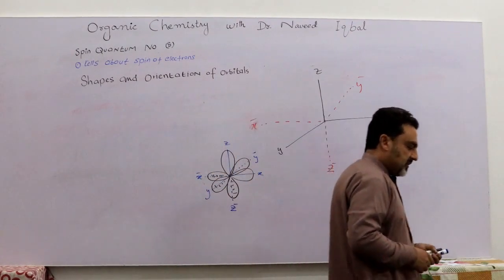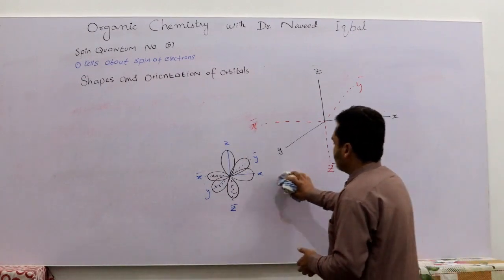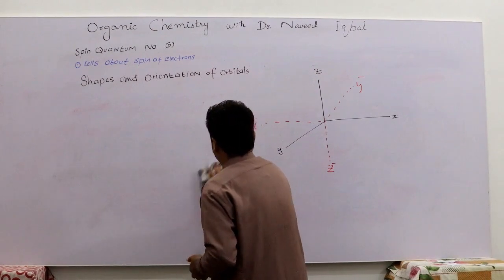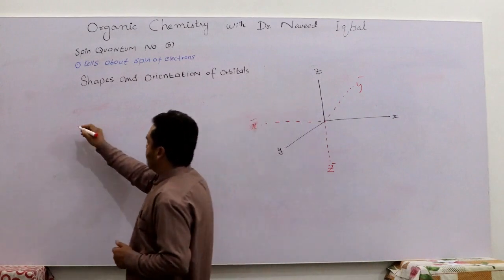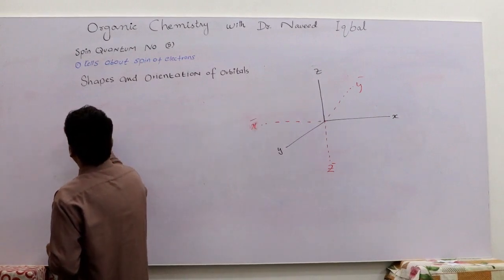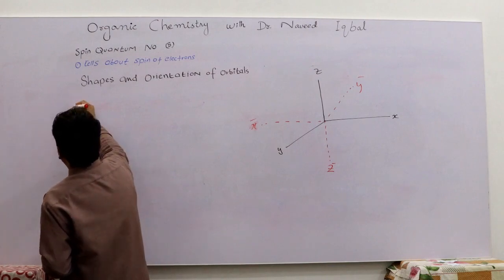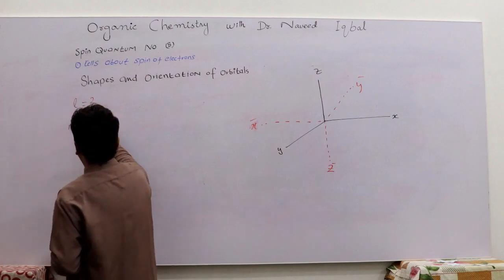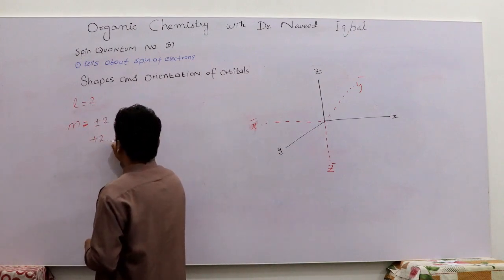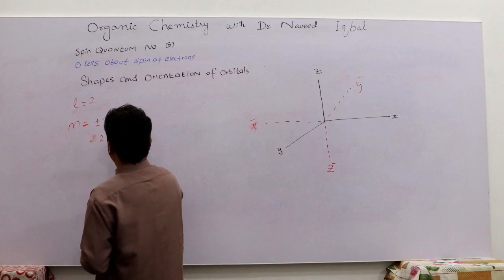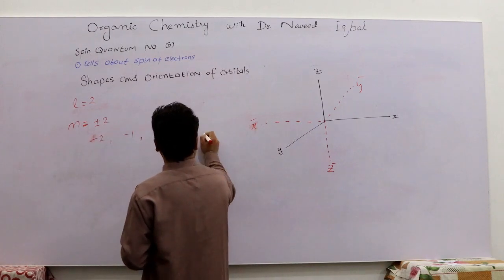Now coming to the d orbitals, they are a little bit complex. As you know, for the magnetic quantum number m, how many values does it give? As l is equal to 2, the magnetic quantum number is minus 2, minus 1, 0, plus 1, plus 2.